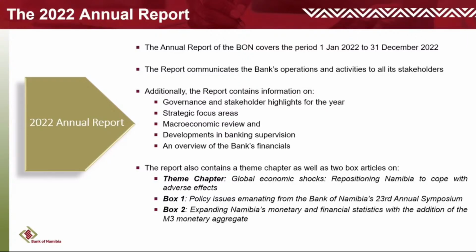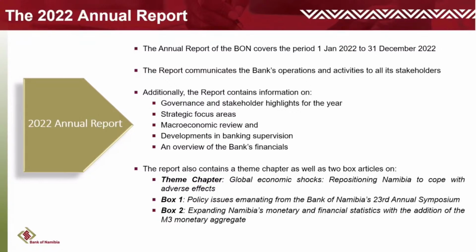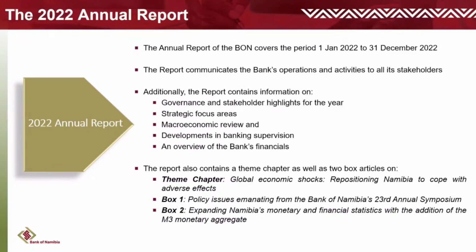This report also contains the theme chapter as well as 2 box articles. The theme chapter is on global economic shocks, repositioning Namibia to cope with adverse effects. The first box article is on policy issues emanating from the Bank of Namibia's 23rd Annual Symposium. Many people don't know that we actually ran a symposium last year.